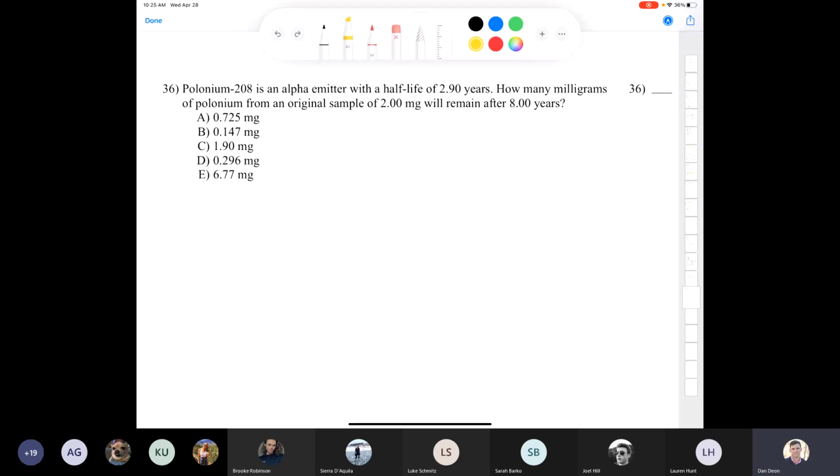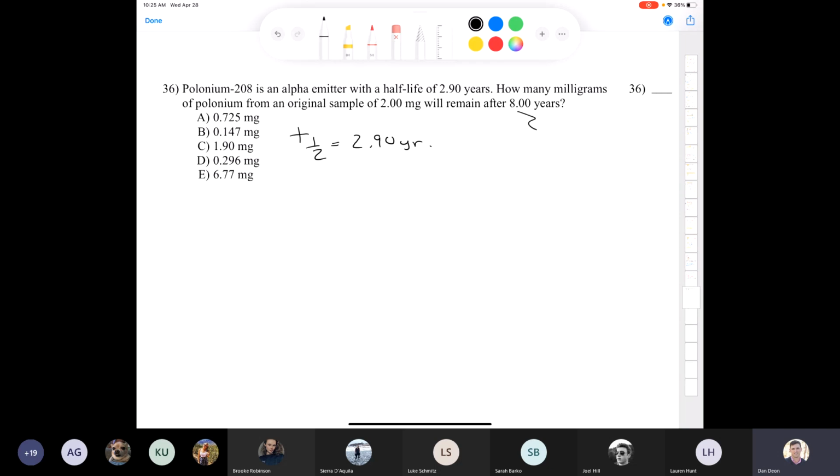Polonium-208, question 36, is an alpha emitter with a half-life of 2.90 years. So we have a half-life that is 2.90 years. How many milligrams of polonium from an original sample of 2 milligrams are going to remain after 8 years?